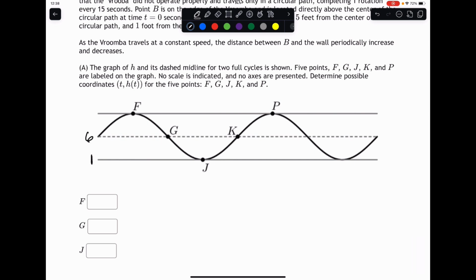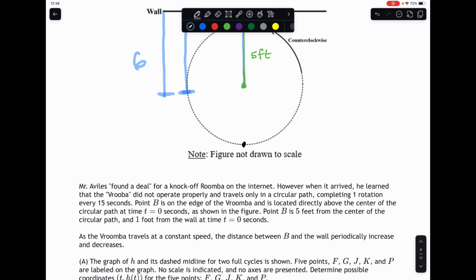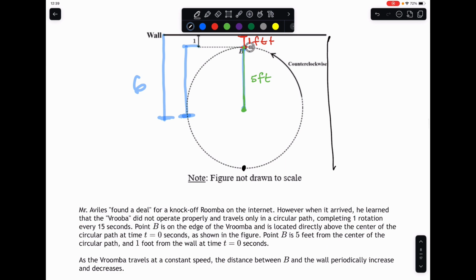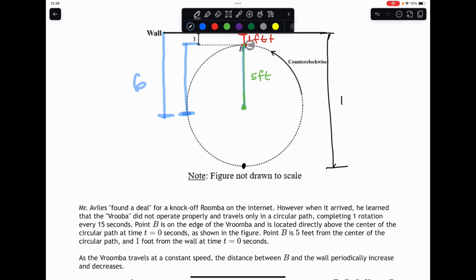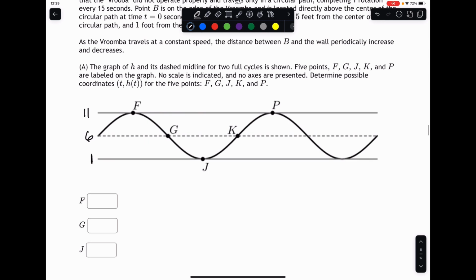So there's going to be 6. And since the radius of the circle is 5, that's our amplitude. And at the maximum, when the Roomba is farthest from the wall, that distance is going to be a total of 11 feet. So here we have our y values.